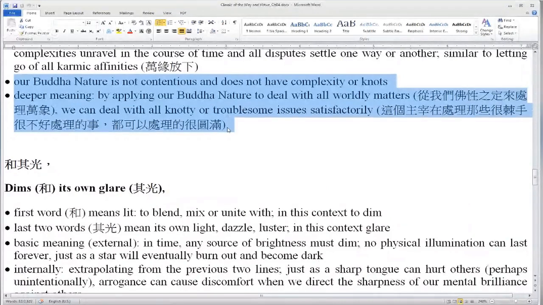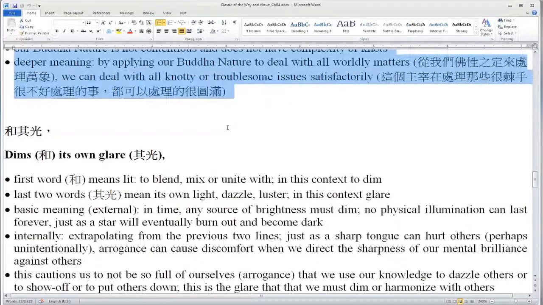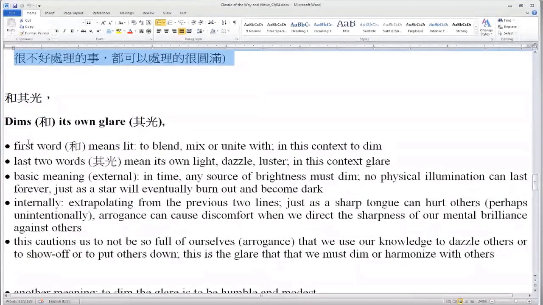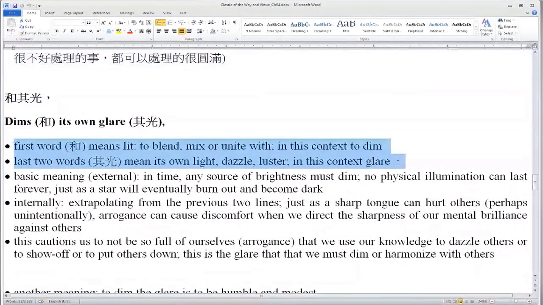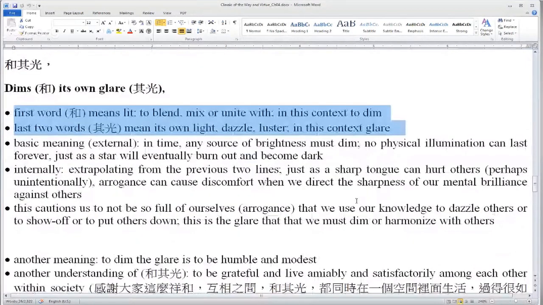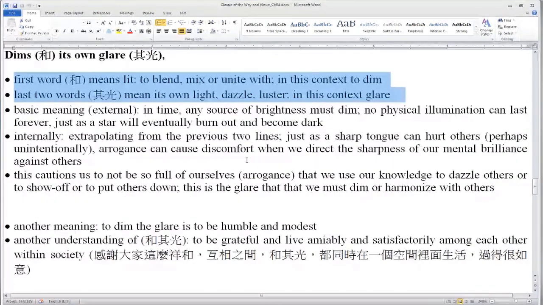Chinese, 和起光. These are the dictionary definitions. But basically, it just means that even though we can be very smart, intelligent, or knowledgeable, we have to be careful in terms of displaying or applying our knowledge or our abilities.